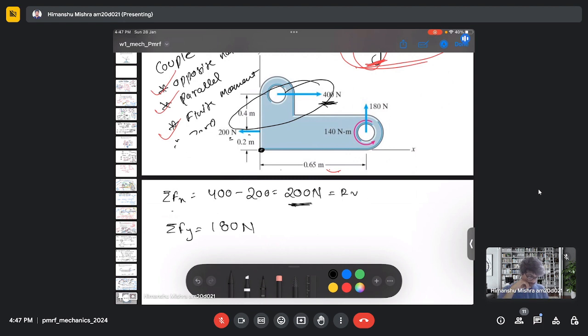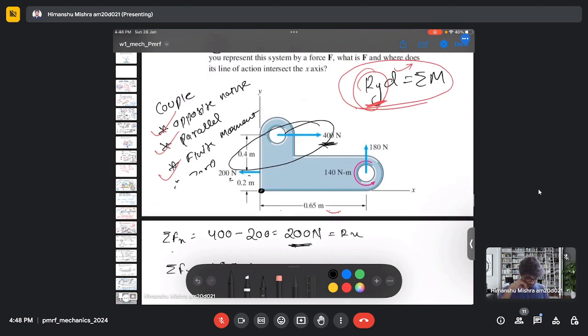So this is my horizontal component of force and this is my vertical component of force. Now we need to find the reaction.